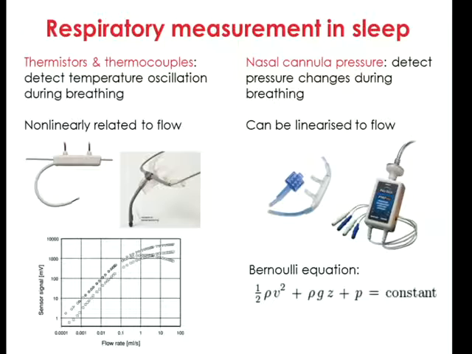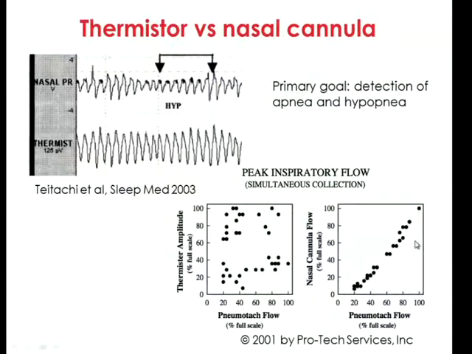It's very crude, it's really just nasal prongs, attached to a pressure transducer, and that can be made to be linearly related to flow by an equation. As I said, the primary goal in sleep medicine is to detect apnea and sort of apnea, things that don't quite get to apnea but are almost there.